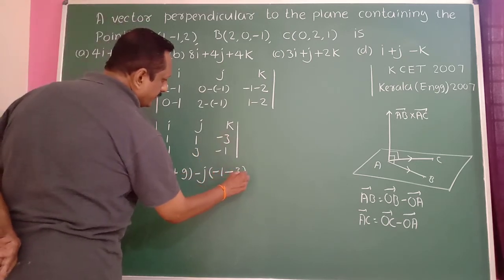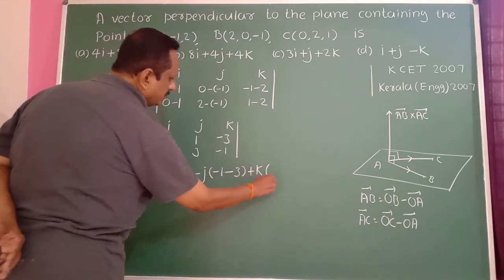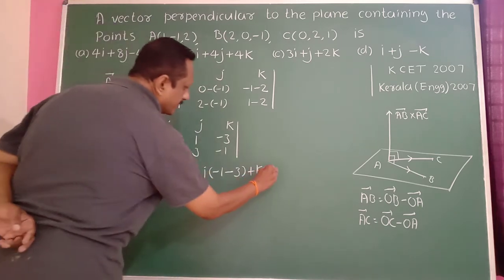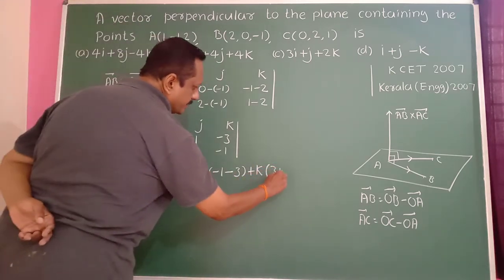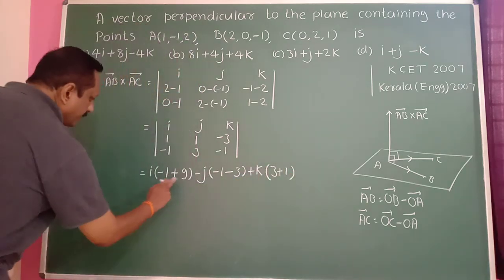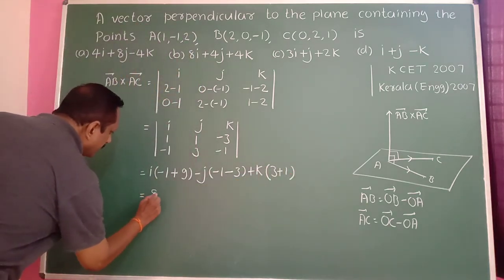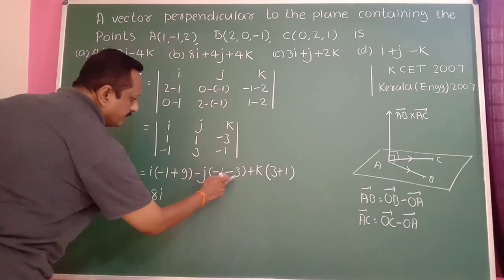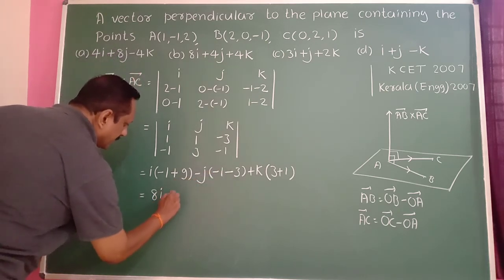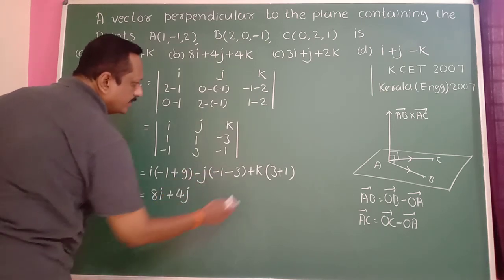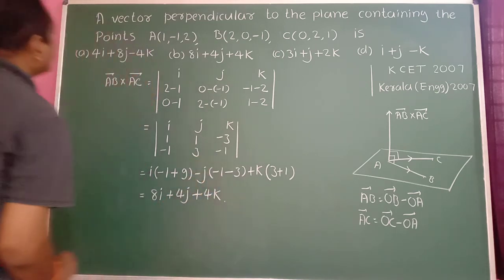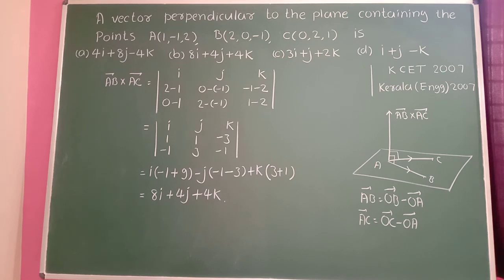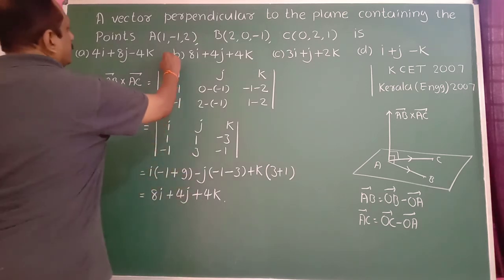Plus k into 1 into 3 is 3 minus minus 1 into 1, that is 3 plus 1. So 9 minus 1 is 8i, minus 1 minus 3 is minus 4 with minus sign gives plus 4j, 3 plus 1 becomes 4k. 8i plus 4j plus 4k. So B is the answer.